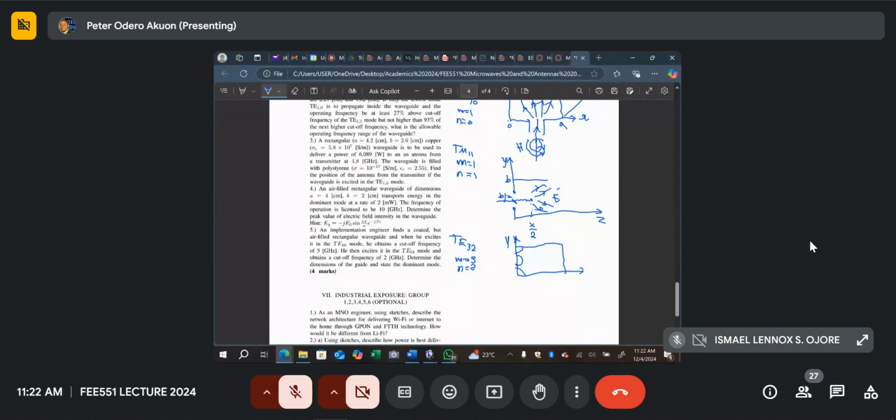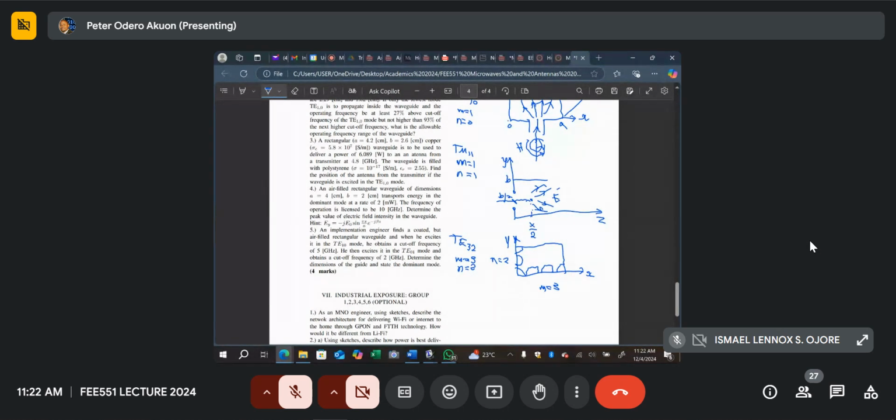M should be 3, so N is equal to 2. M is equal to 3 on X. So we have 3 this side, and 2 the other way.